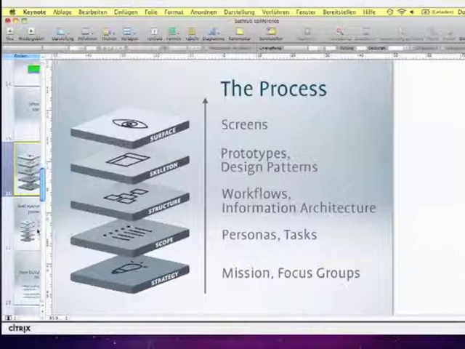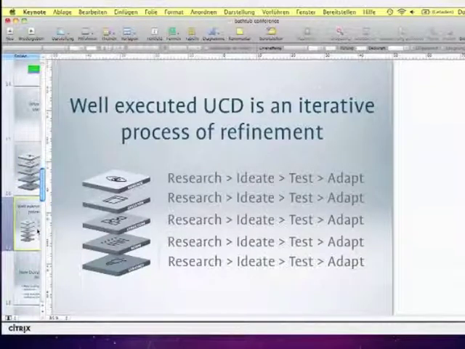Now, this ideation process itself is an iterative process. You have research, you have ideation, you have adaptation, and you have testing, and you adapt. So it's not just inventing stuff. It's making research, thinking about how to interpret this research.